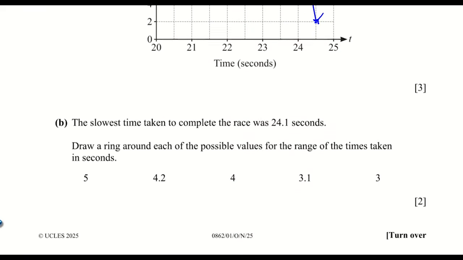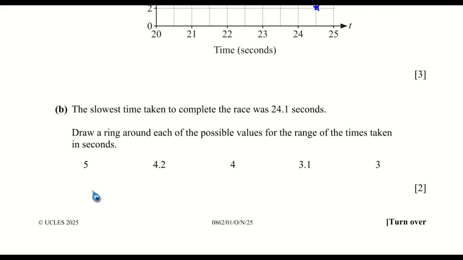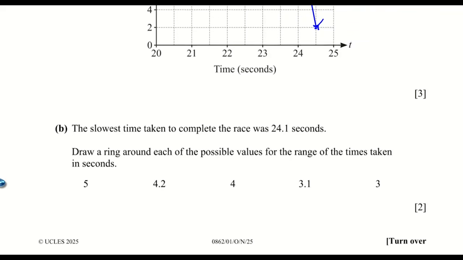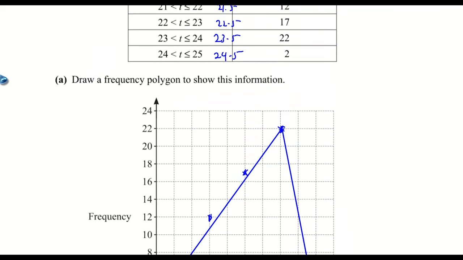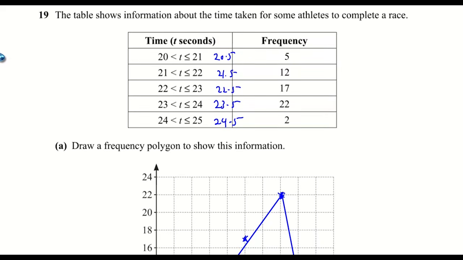Part B, the slowest time taken to complete the race was 24.1 seconds, right? Draw a ring around each of the possible values for the range of the times taken in seconds. So the range is the highest minus the lowest, or the largest minus the smallest.